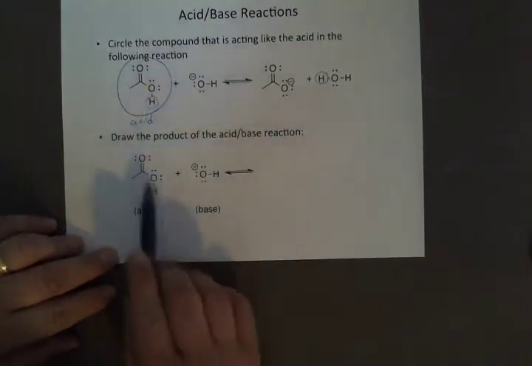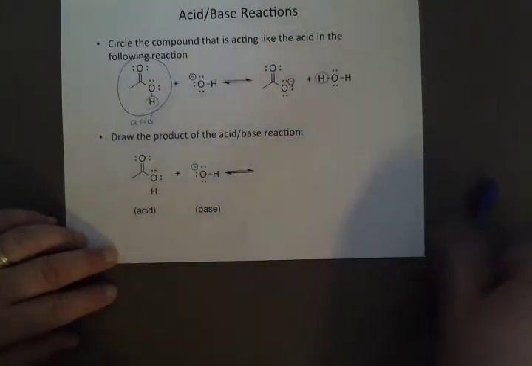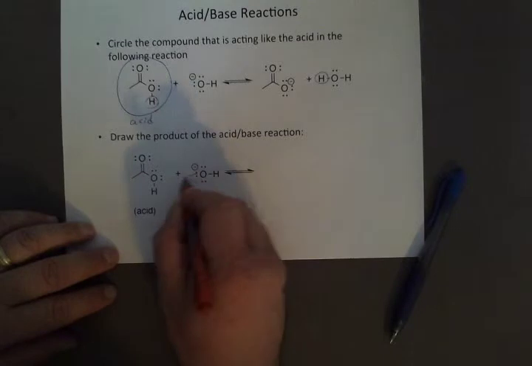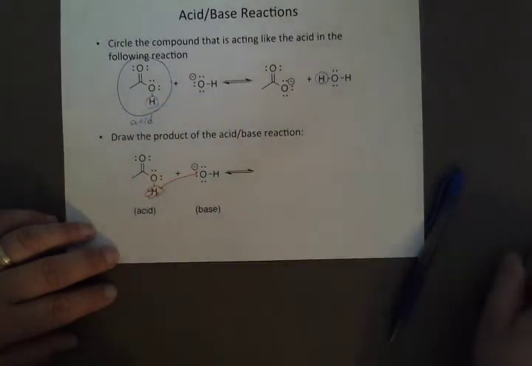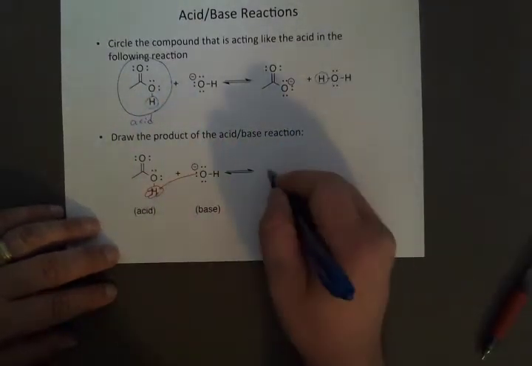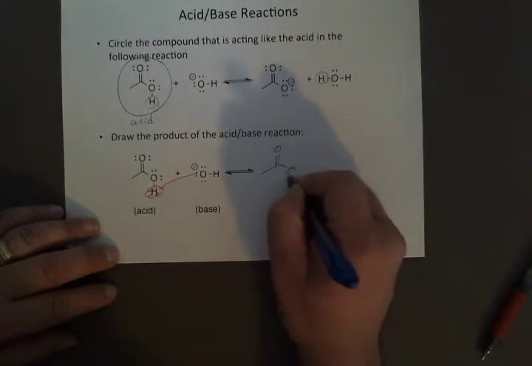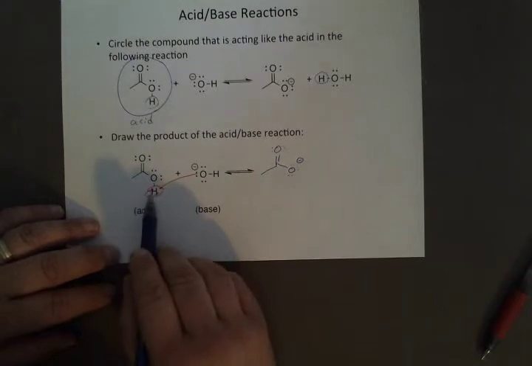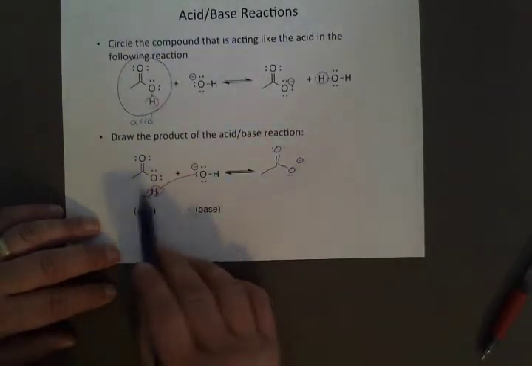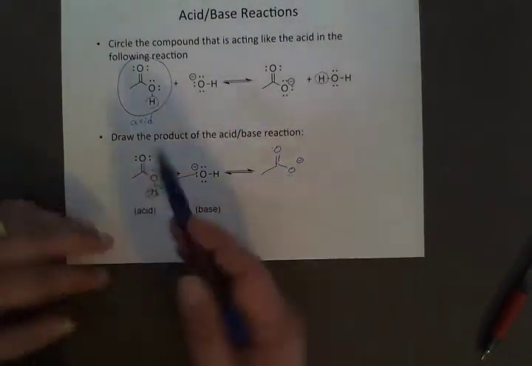Okay, so to draw the products, what does a base do? It comes in here and it grabs the hydrogen, like that. So you lose not only an H but a plus charge, so this becomes negative, because in neutral you lose a plus charge.